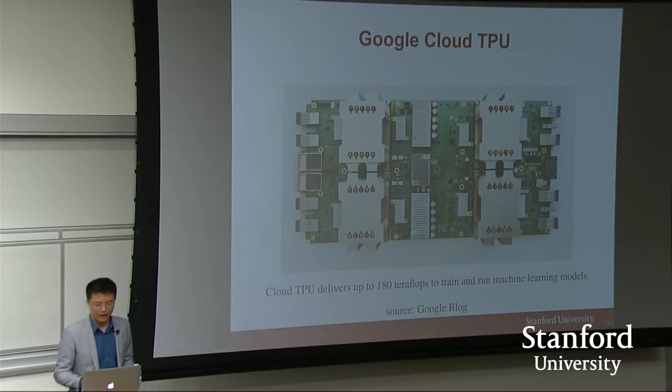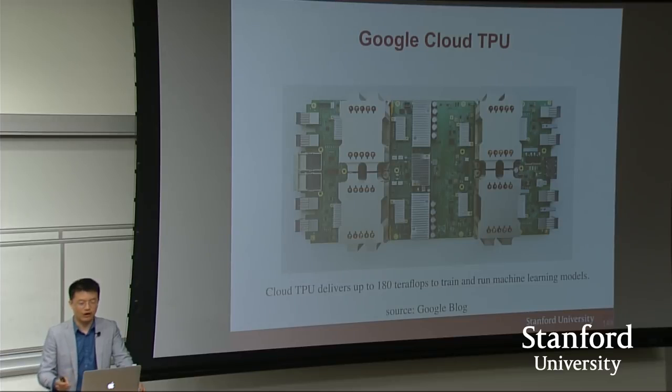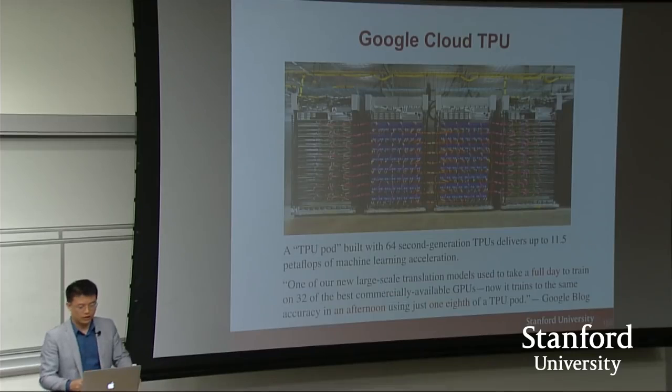The Cloud TPU delivers up to 180 teraflops to train and run machine learning models. And multiple Cloud TPUs make up a TPU pod, which is built with 64 of the second generation TPUs and delivers up to 11.5 petaflops of machine learning acceleration.